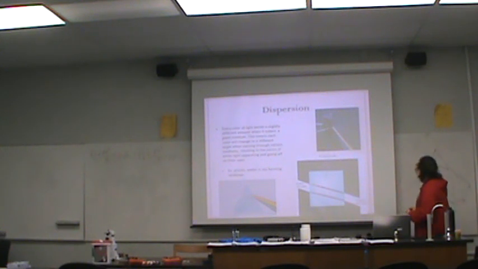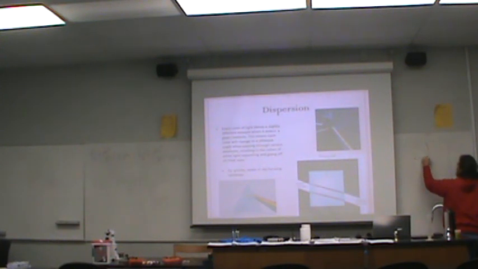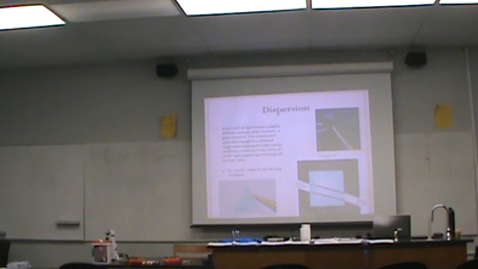But so let's say for instance, I'm going to use this picture for this part. I'm going to redraw it here though. The light is going to come in at 90 degrees.